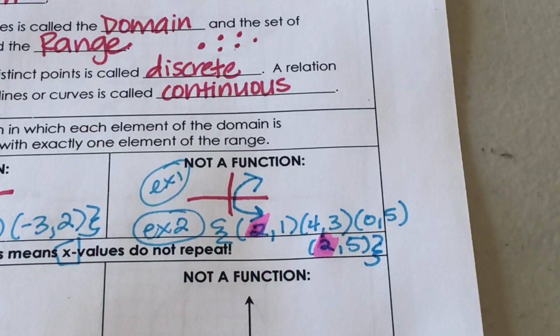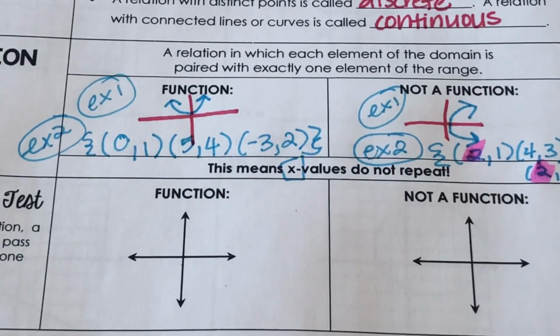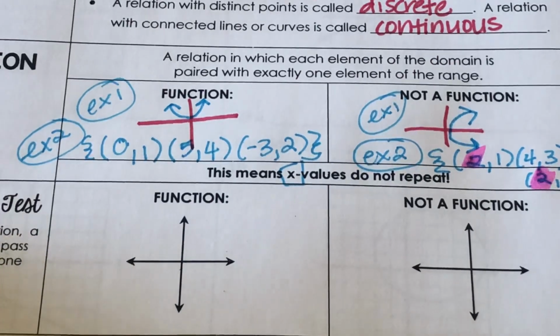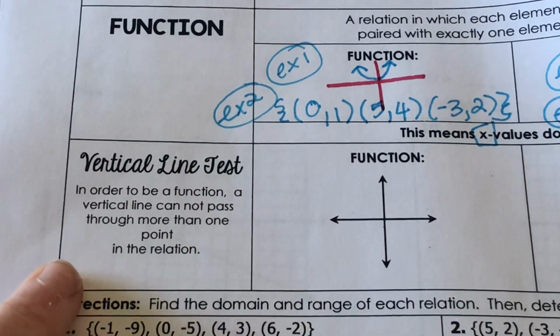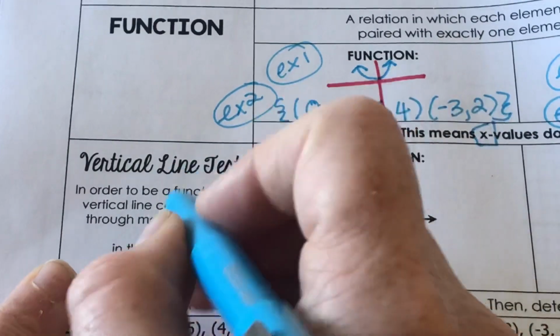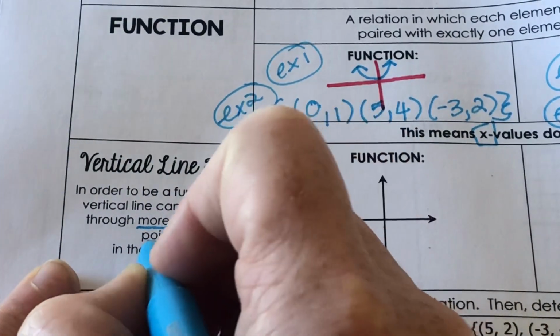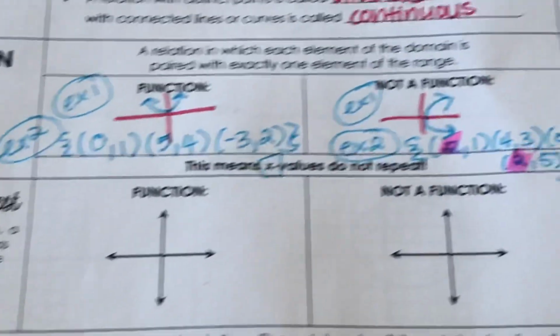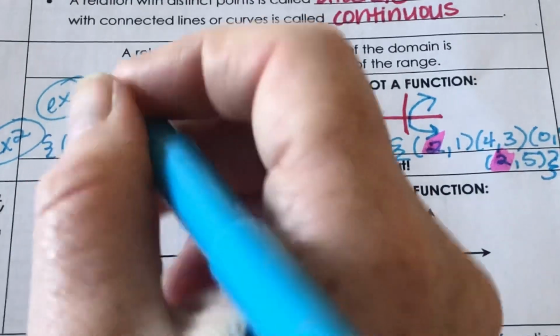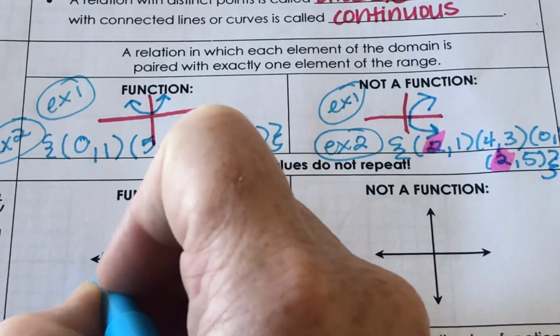All right, and so for a vertical line test, let's kind of graph those points and see if we can do the vertical line test through the points. And what we're looking for is, in order to be a function, a vertical line cannot pass through more than one point in the relation, okay? So if we graph these points, give yourself little tick marks.